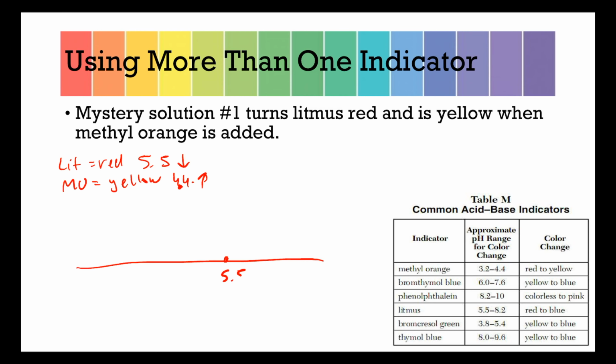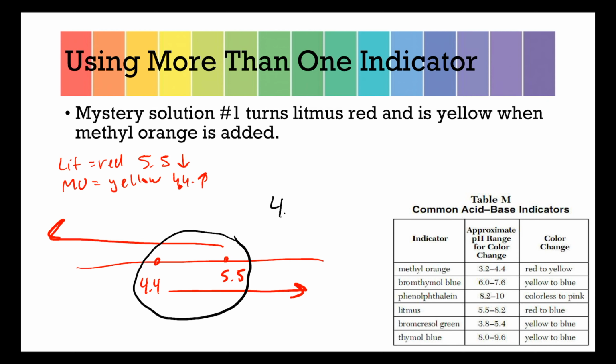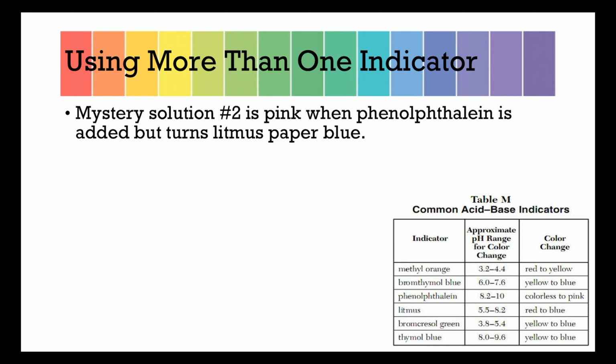So 5.5 and lower, and then 4.4 and higher. Now you know that you have to be somewhere in between, so your pH will be between 4.4 and 5.5. That's a much better range than just bigger than 4 or less than 5.